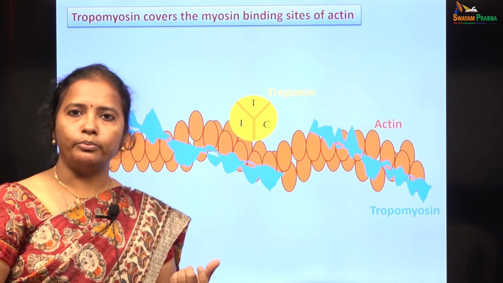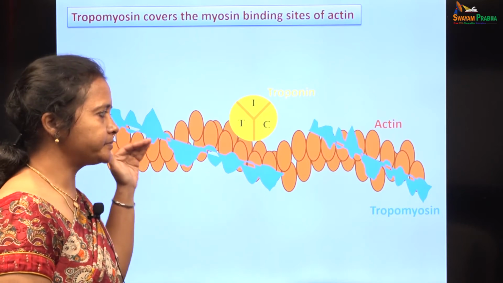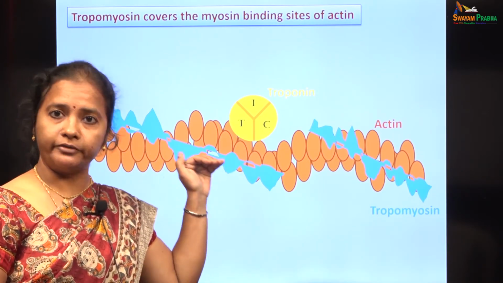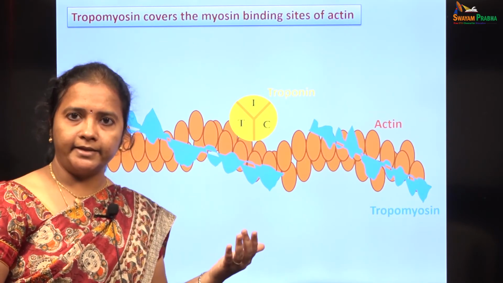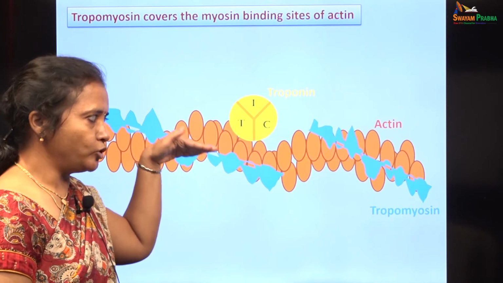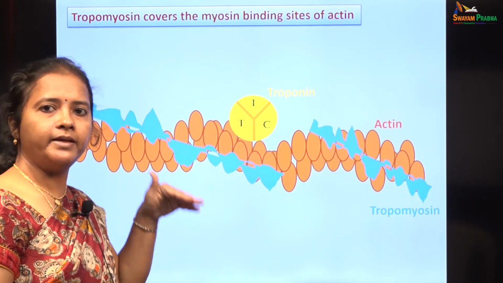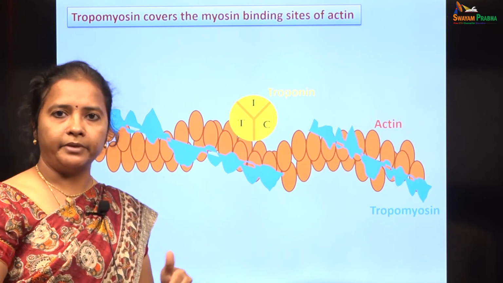The function of tropomyosin is that it covers the myosin binding sites of the actin, and during skeletal muscle excitation the tropomyosin will move away from the covering site of the actin, thereby facilitating the actin myosin interaction.